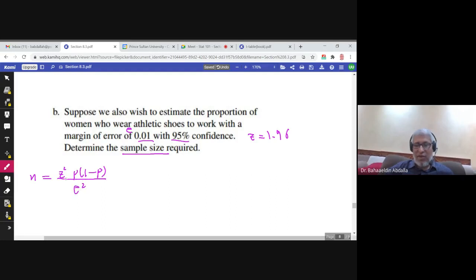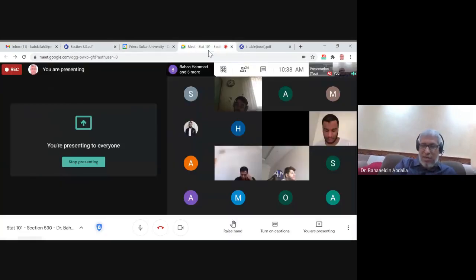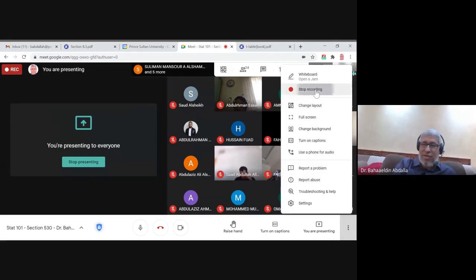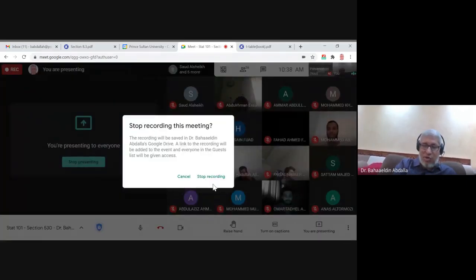Well, we have E, we have Z, but we don't have P, and we don't have a pilot sample, so P bar is not there. So we just use P as 0.5 and find the required sample size. This is the end of section 8.3 and chapter 8 and Stat 101.